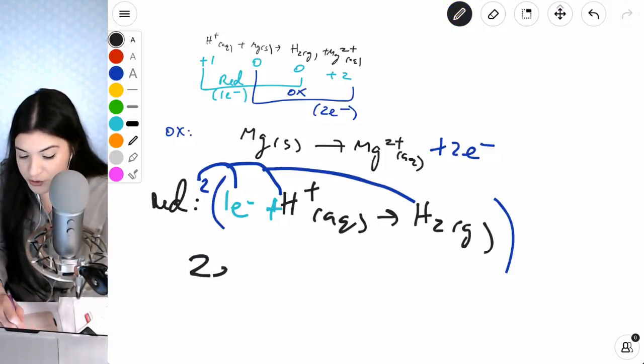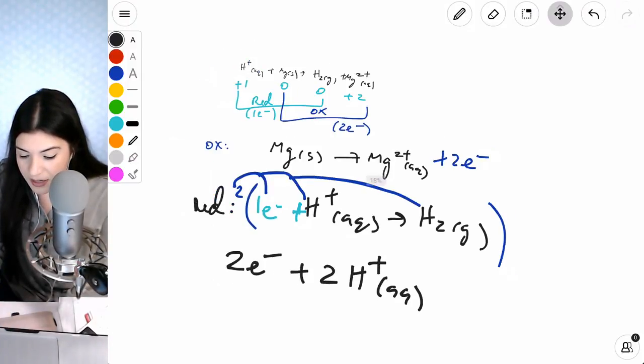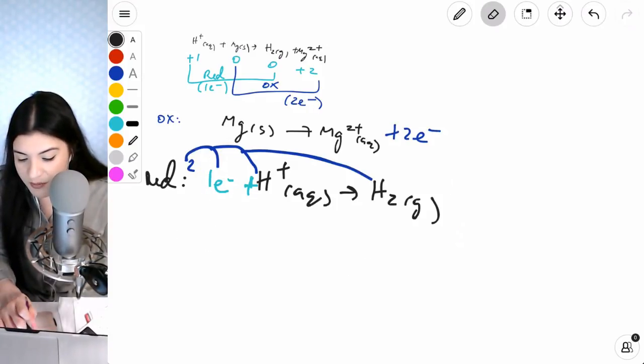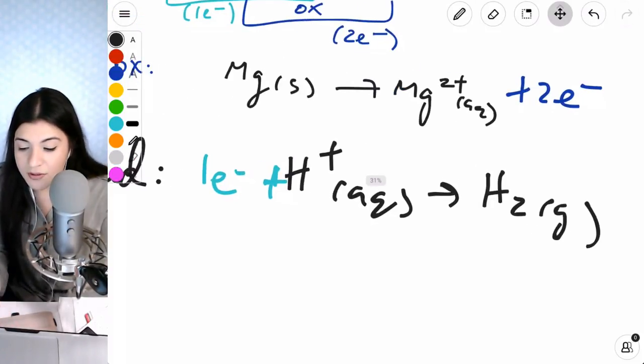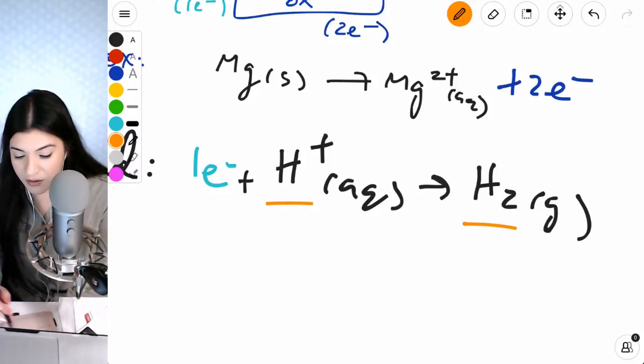So really this is now 2 electrons plus 2 H+. Actually, even before doing that, guys, one little thing: we need to have this balanced, and this actually isn't balanced. Before I do that to the electrons, we have to make sure the hydrogens are completely balanced.